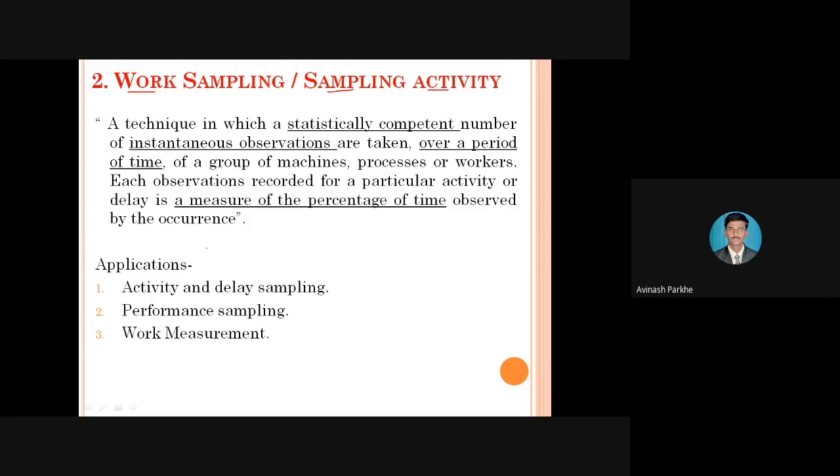What is the meaning of that? Number of observations are made. That means whenever your first shift is started, maybe in the morning at 8 a.m., a number of machines are started. Operators are also working on those machines. At that time in the morning session, the supervisor or a management person visits the workstation, the production department, and observes how many machines are in working condition and how many machines are in idle condition.